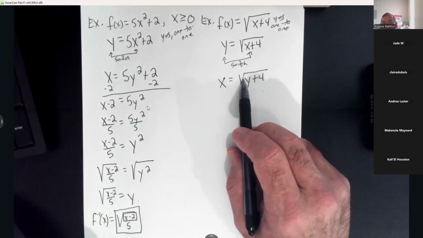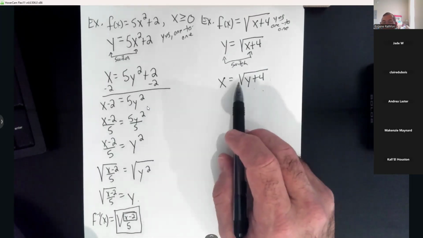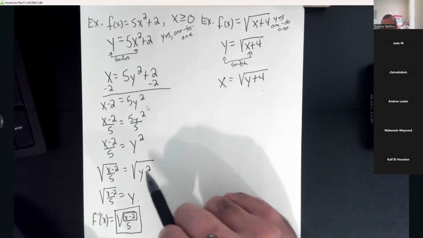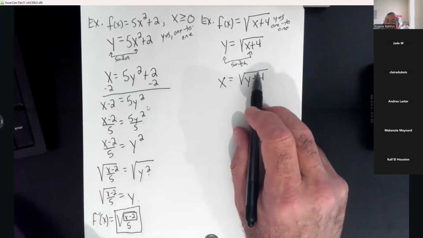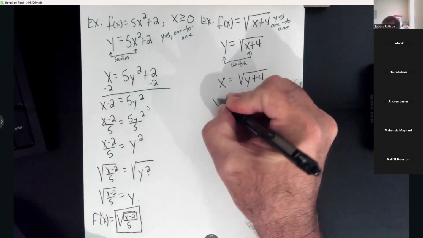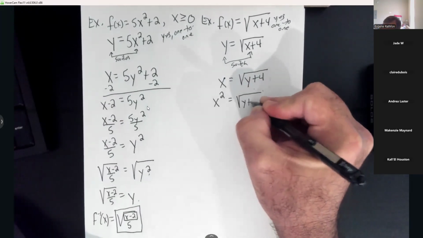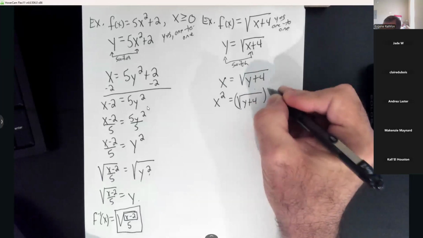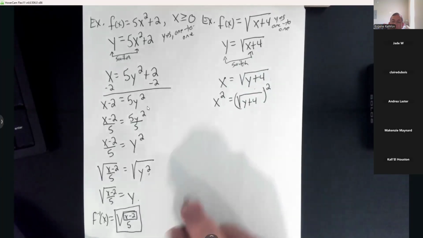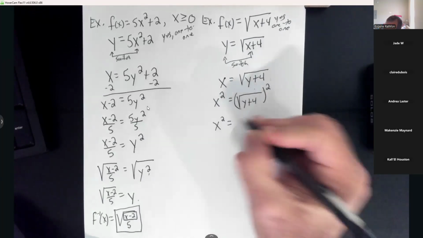And the way we undo radicals, well, over here, radicals undid exponents. So to undo radicals, we use exponents. So the way to get rid of this square root is to square both sides. So I'm going to square the x, and then I'm going to come in and square the right side. So you can't do anything over here. That's going to be an x squared.